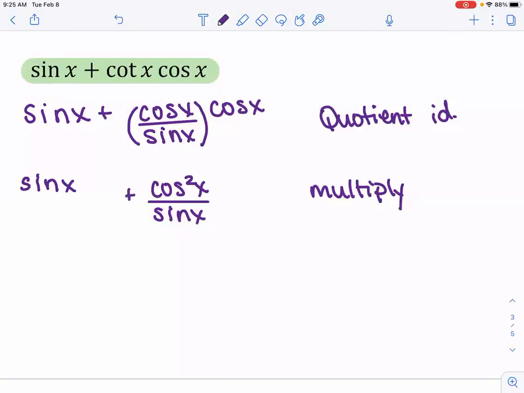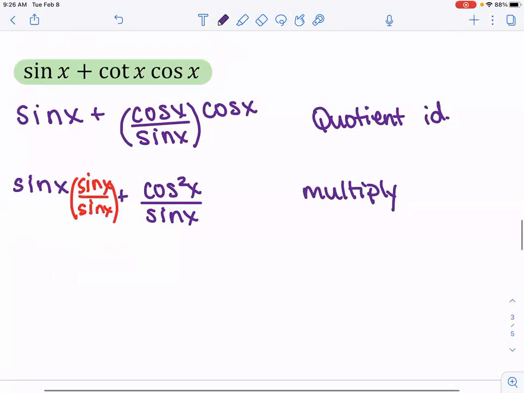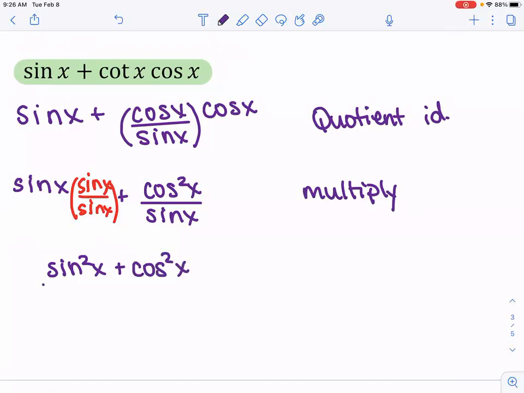What I'm going to do is take sine of x and multiply by sine of x over sine of x. So what we've done is we said sine squared x plus cosine squared x all over our common denominator of sine of x.